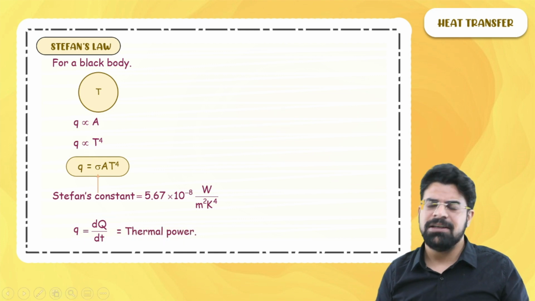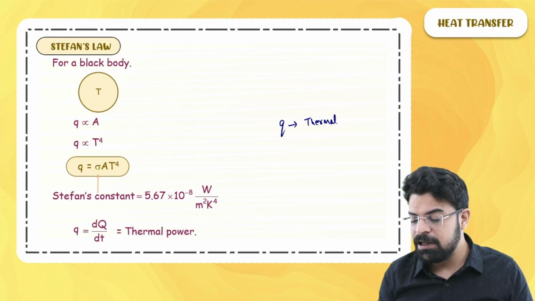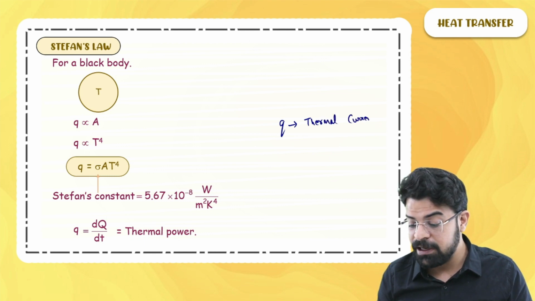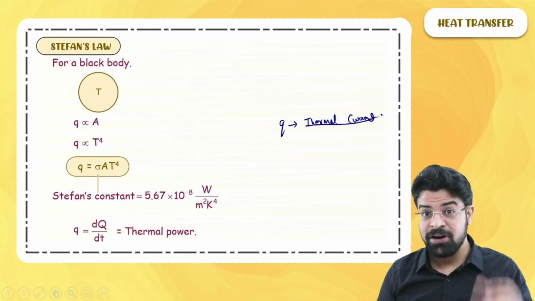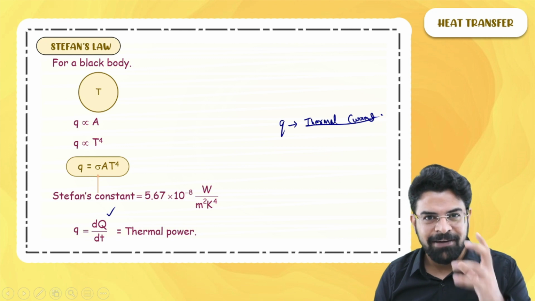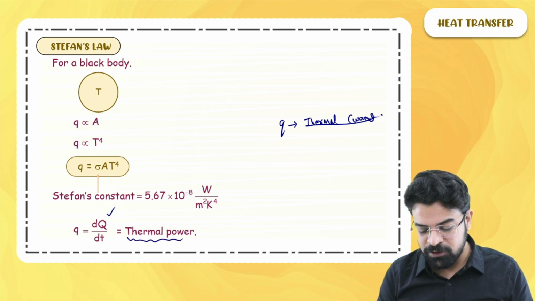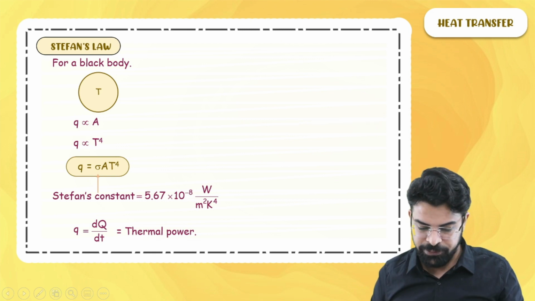Sir, in last class you said that this Q is called thermal current. Yes, because in conduction we were comparing it with current electricity. So thermal current is the rate of flow of heat. Here it is also the rate of flow of heat, but here we talk in terms of power, the rate of flow of energy with respect to time.